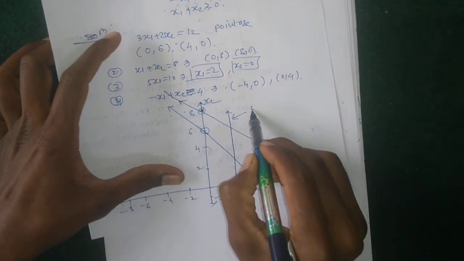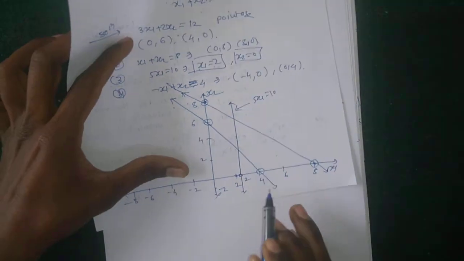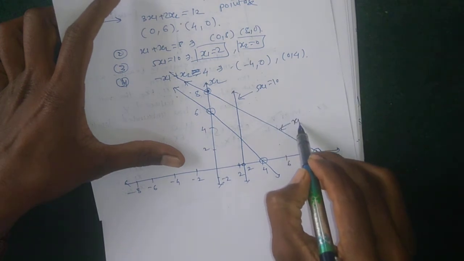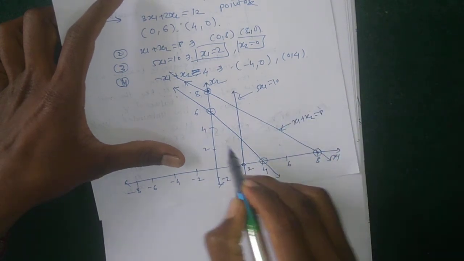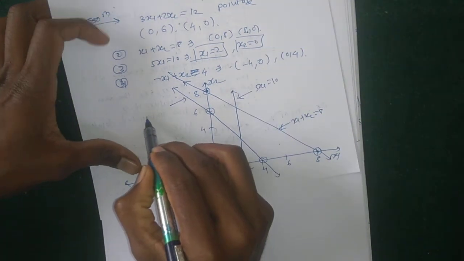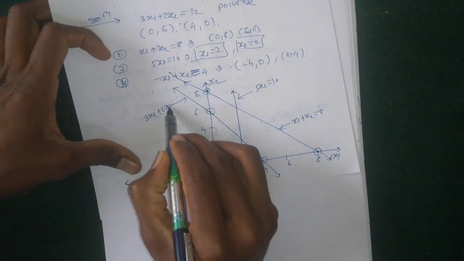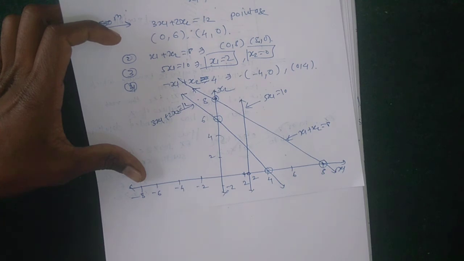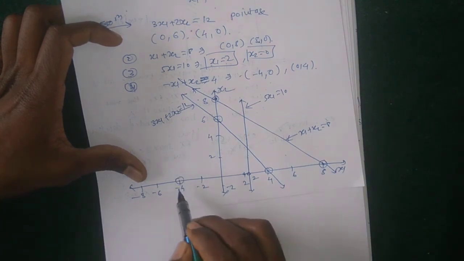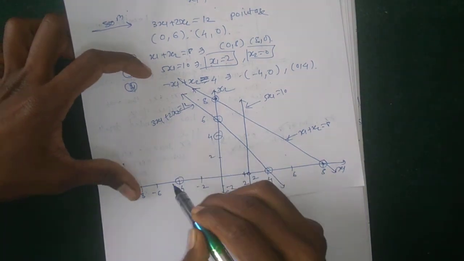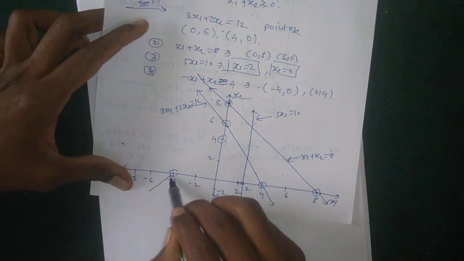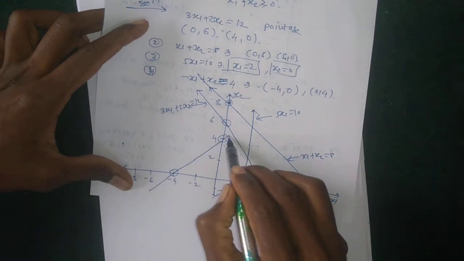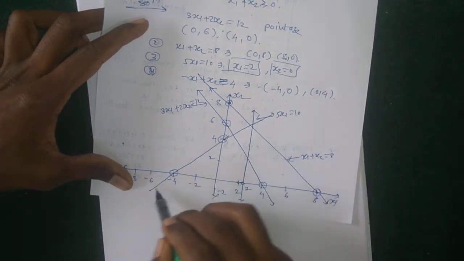This is 5x1 = 10. This line is x1 + x2 = 8. This line is 3x1 + 2x2 = 12. Then next is (-4, 0) and (0, 4). This is the line. Okay, in this way.